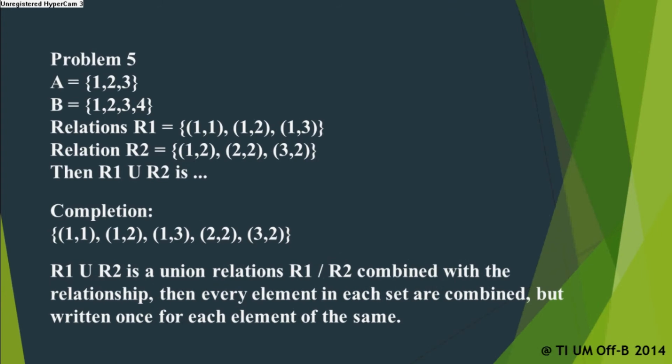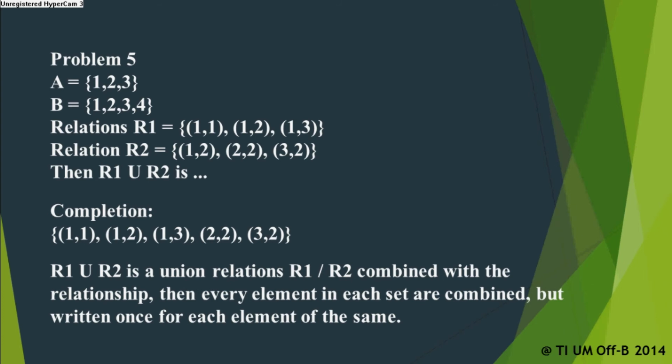Problem 5. A equals 1, 2, 3. B equals 1, 2, 3, 4. Relation R1 equals (1,1), (1,2), (1,3). Relation R2 equals (1,2), (2,2), (3,2).